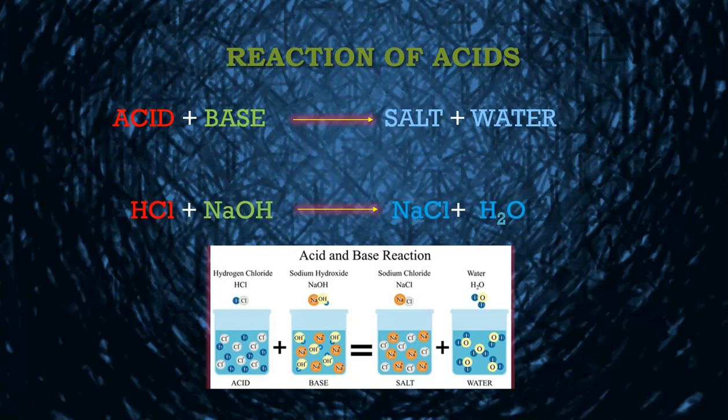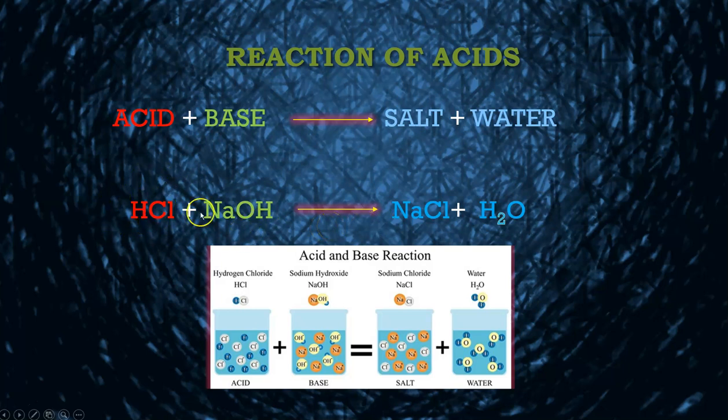For example, if we take a strong acid, HCl, with NaOH, a base, the product formed will be a salt, NaCl, and water. Water is definitely formed out of the reaction between an acid and a base. This reaction is called a neutralization reaction.